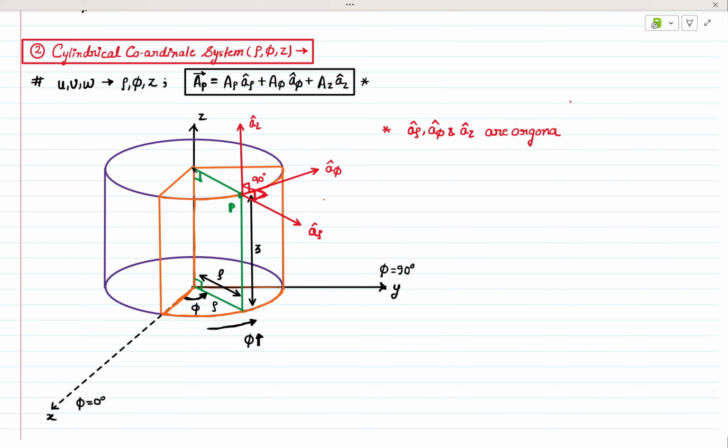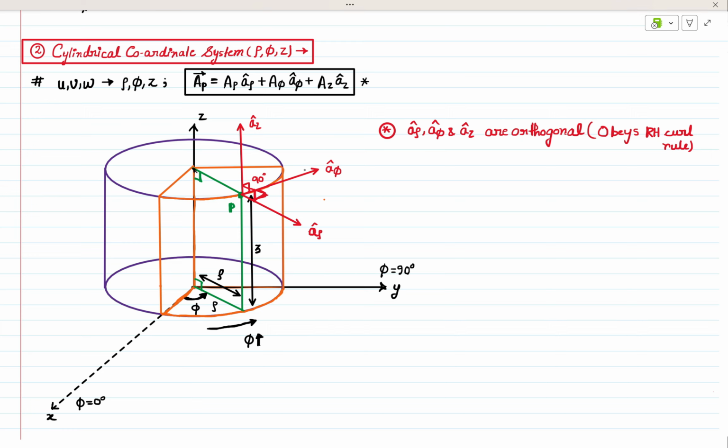Orthogonal means it obeys the right-hand curl rule. This is an important thing that you have to remember, and it is seen here also. These three are orthogonal.